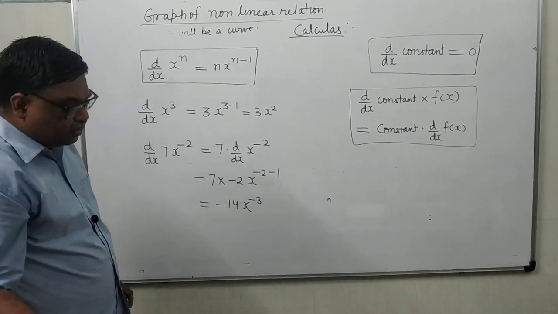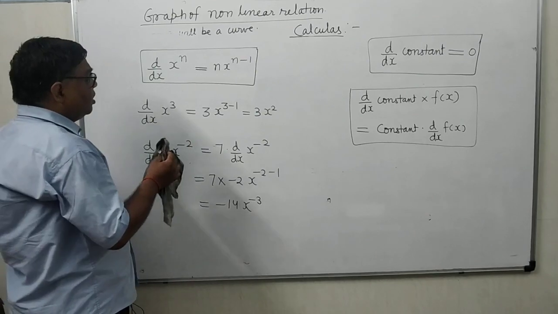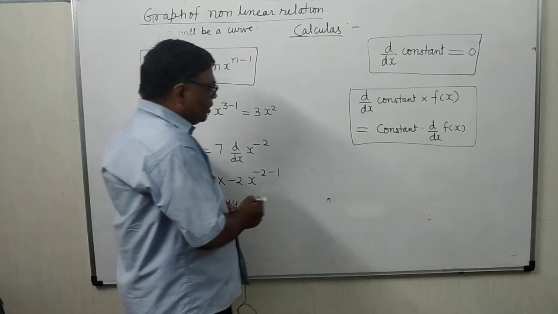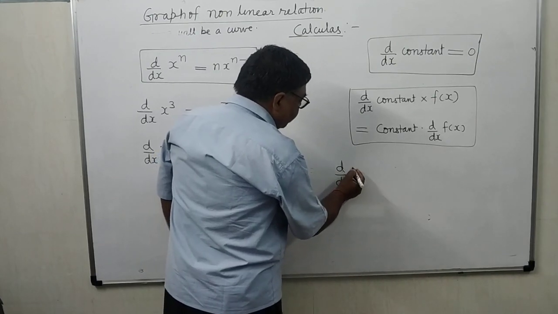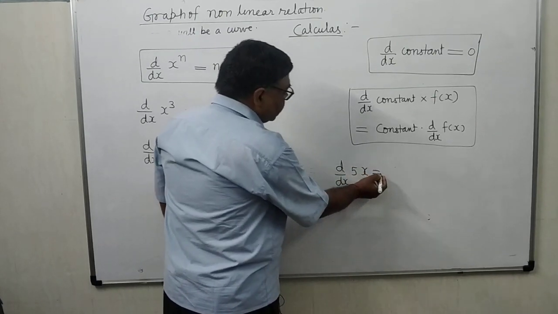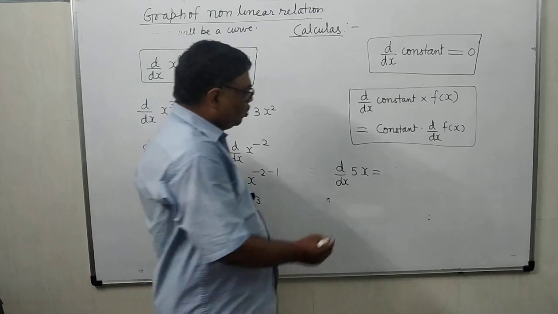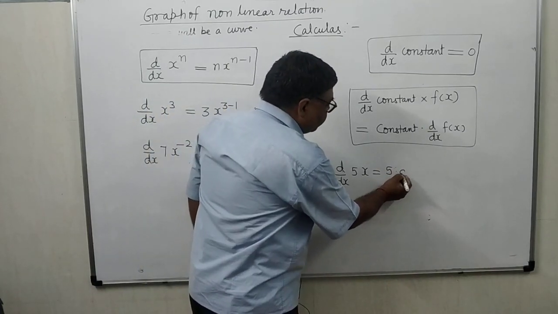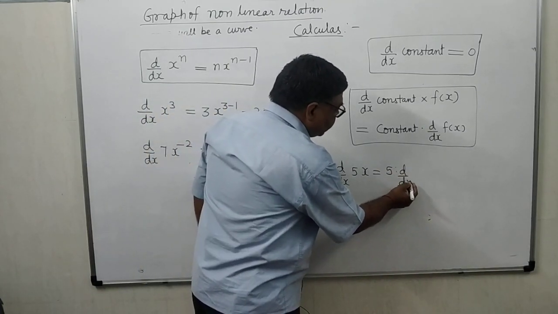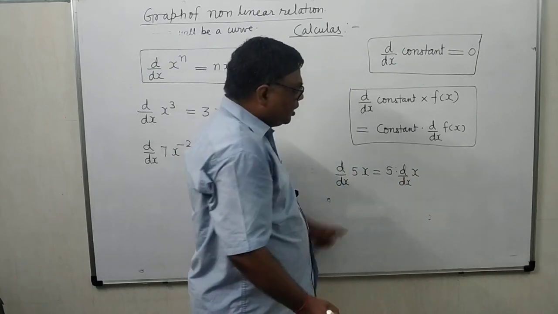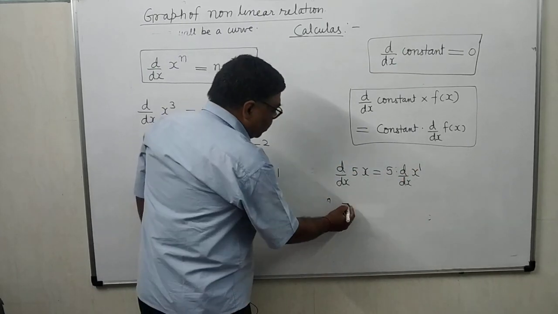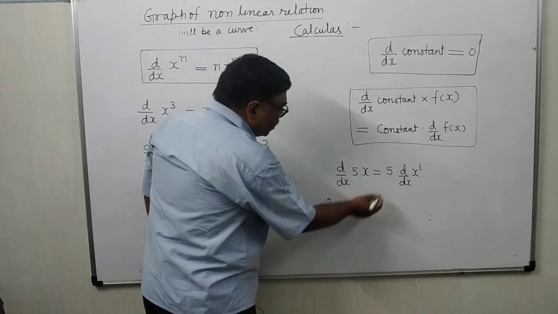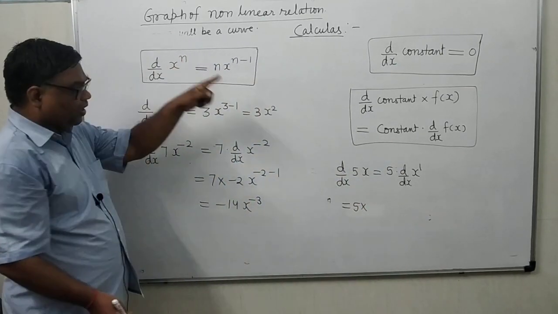It is clear? Then you can see here d by dx of 5x. What is d by dx of 5x? So 5, then d by dx of x. There is no power, so you can take the power as 1. When you apply the formula, what is the value of n here? The value of n is 1.